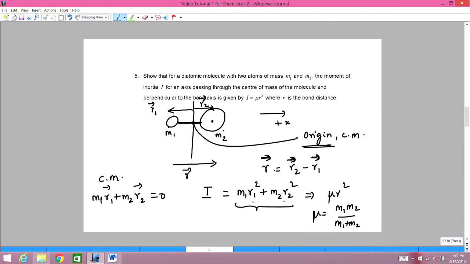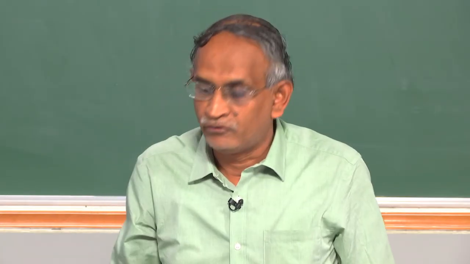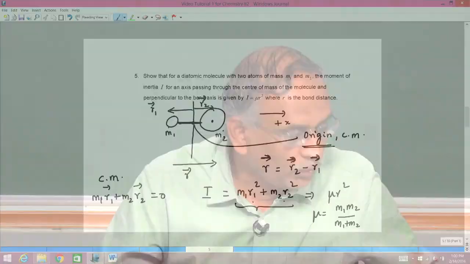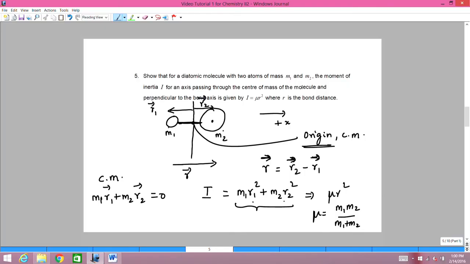That means this condition is satisfied for any vibrational amplitude r. Therefore, m1 r1 plus m2 r2 is 0, and vectorially, the internuclear distance vector r is the difference r2 minus r1 because of the choice of the directions.